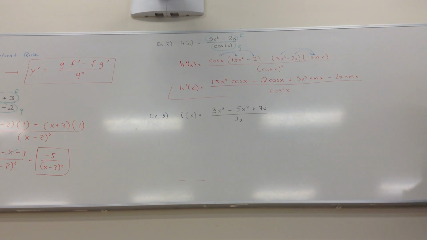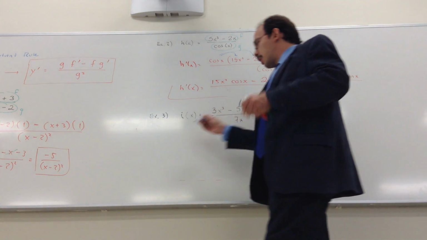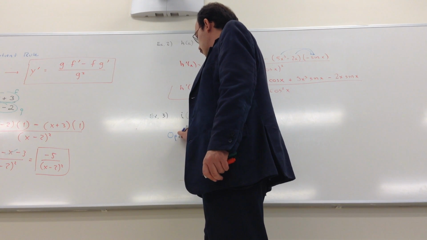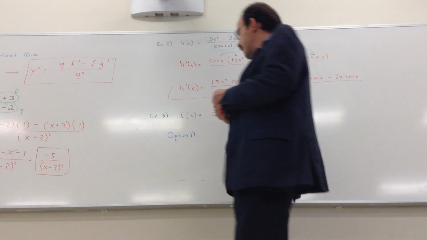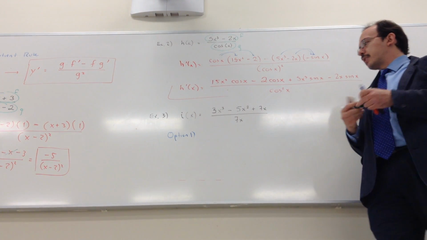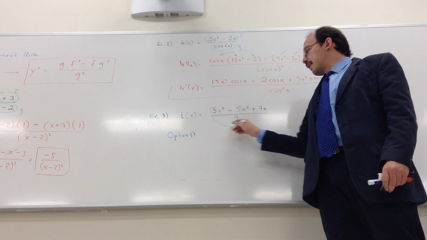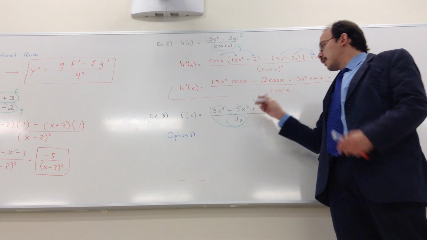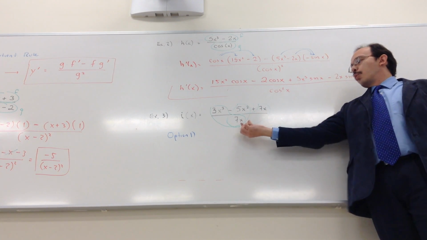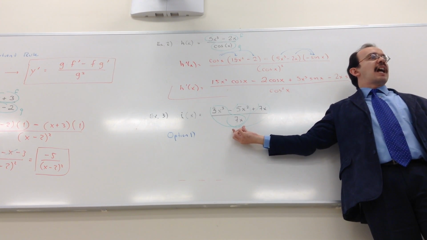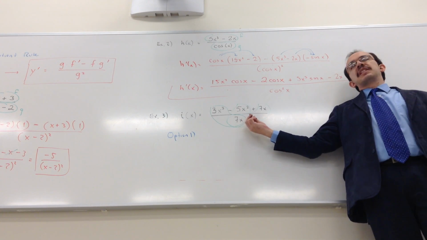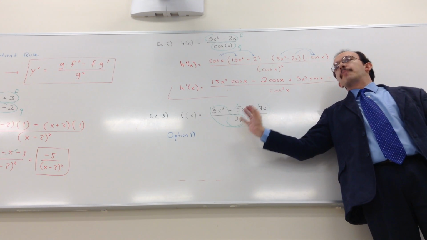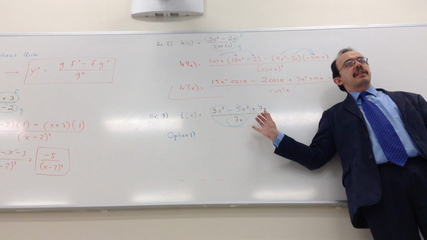Okay? So option 1, we're going to simplify. If I simplify, it means that I need to separate, right? So this divided by that, and this divided by that. When can I do this? When I have in the denominator a monomial, that is not 7x plus something else, just a monomial. No plus, no minus.